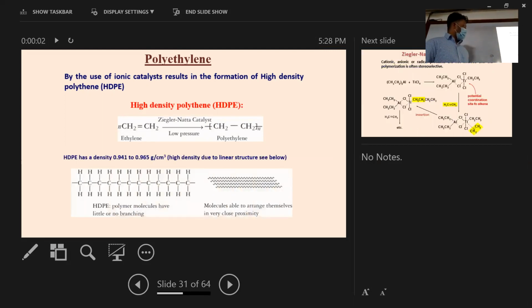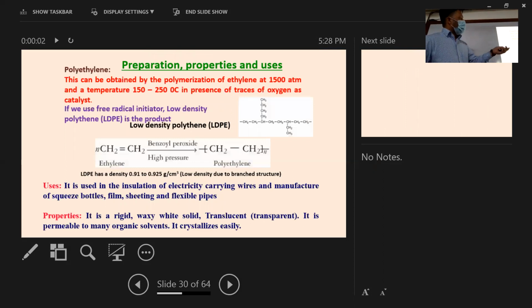So what are the densities already mentioned? 0.94 to 0.965, just a little bit above. High density due to linear structure, see below. Okay, I have made some mistake. Here these are branched, so not the linear structure, what I mentioned by mistake.